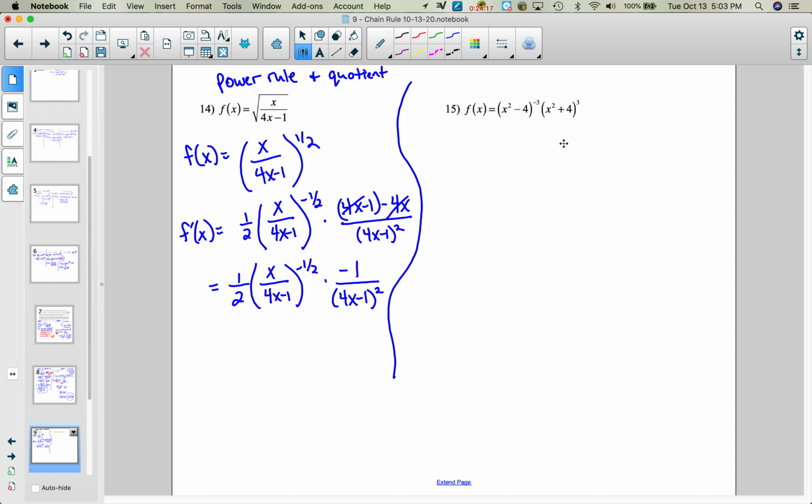Okay, for the next one, I'm going to use the product rule. So this is u, this is v. So then u prime, and we're going to use the chain rule on that, is going to be negative 3. I probably need more room.